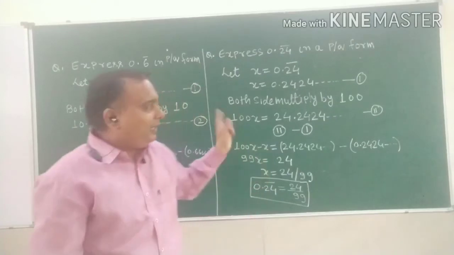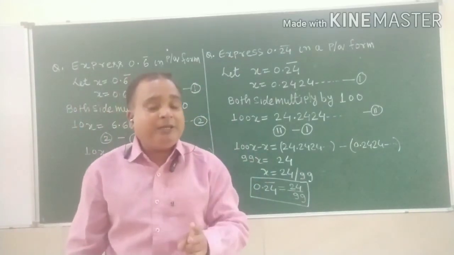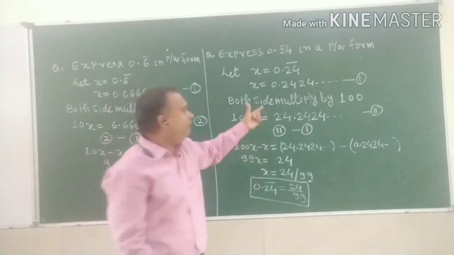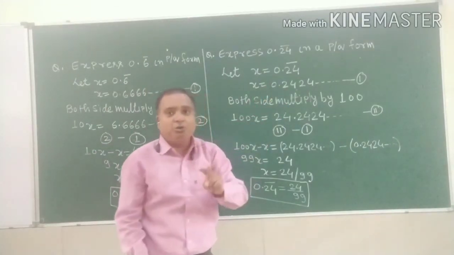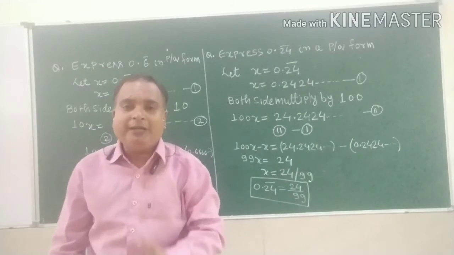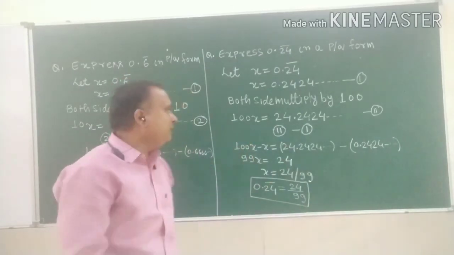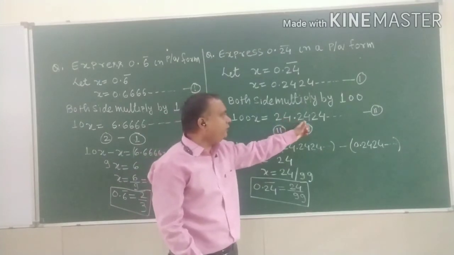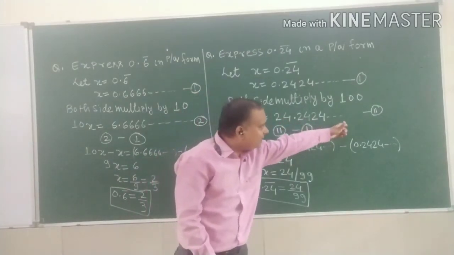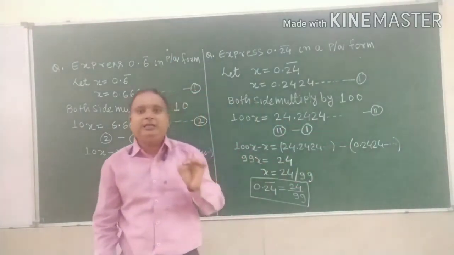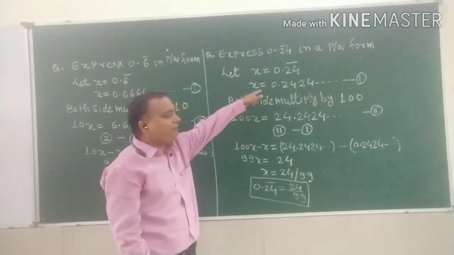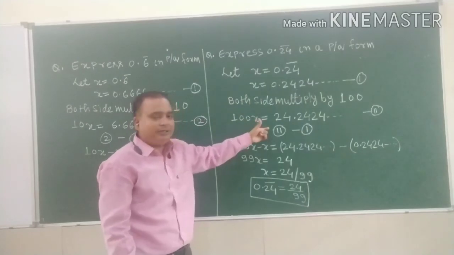Now here the number of digits repeated after the decimal is 2. So both sides we multiply by 100. So we can write 100x equal to 24.2424 dot dot dot. That is our equation number 2. Now subtract equation number 1 from equation number 2.